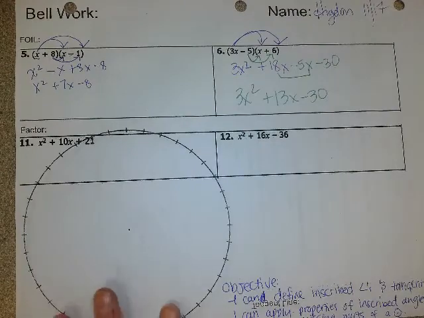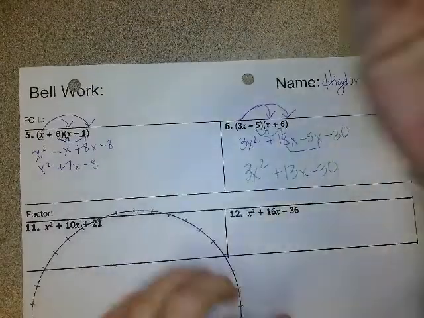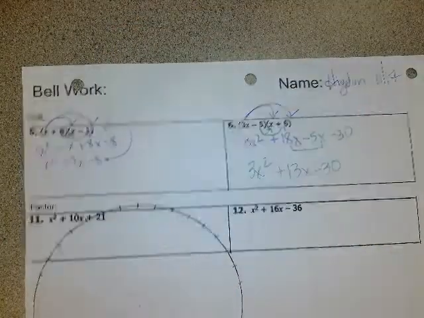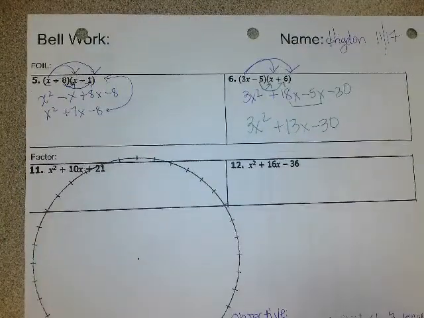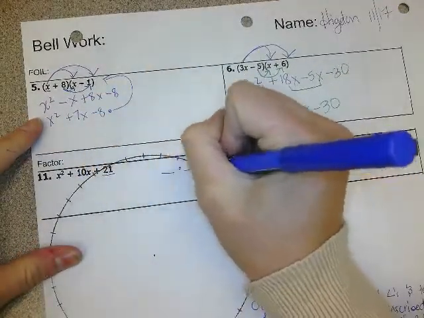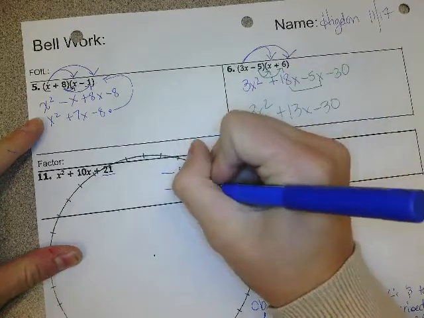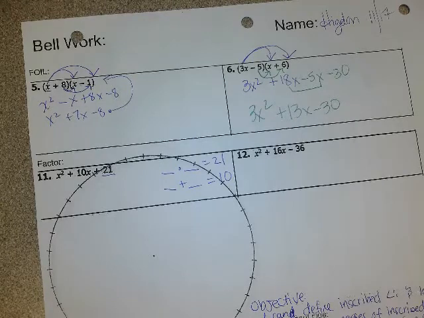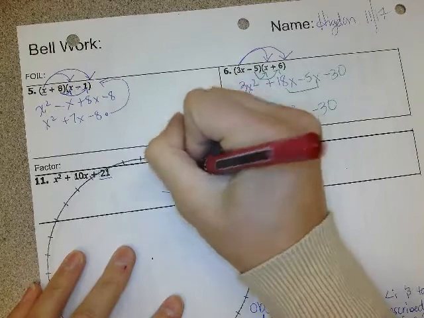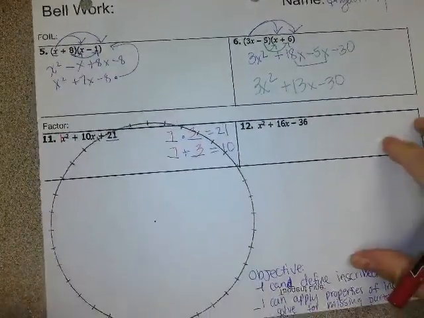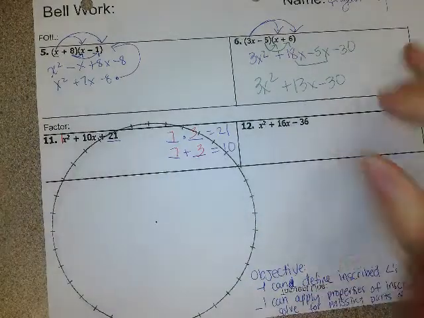Alright, so now we're going to go backwards. We're given this step, and we want to get to here. That's what factoring is. I need two numbers that multiply to 21 and add to 10. Also 7 and 3. Since the number in front of x squared is 1, I can put those straight into my binomials.